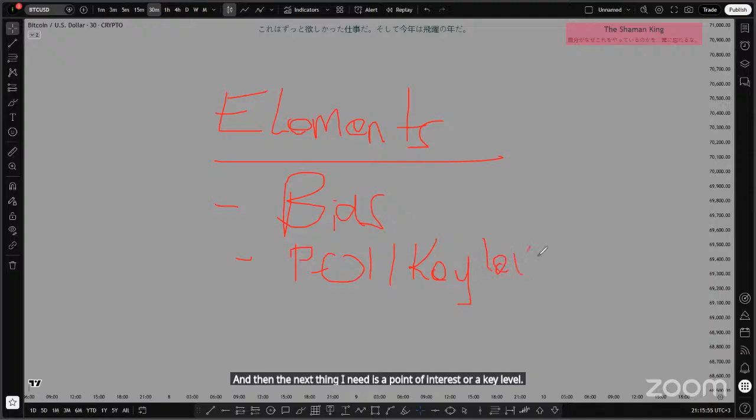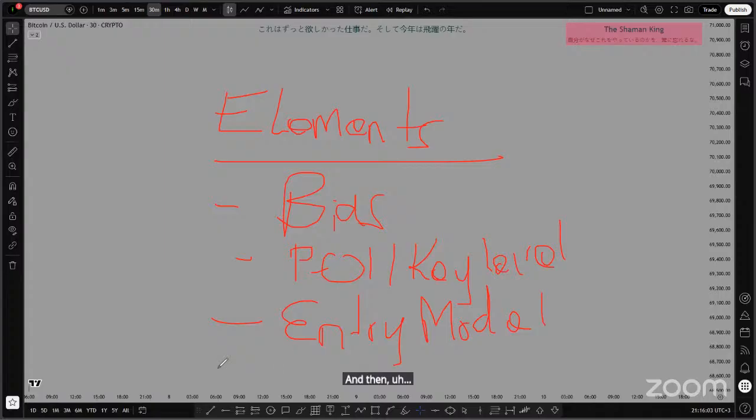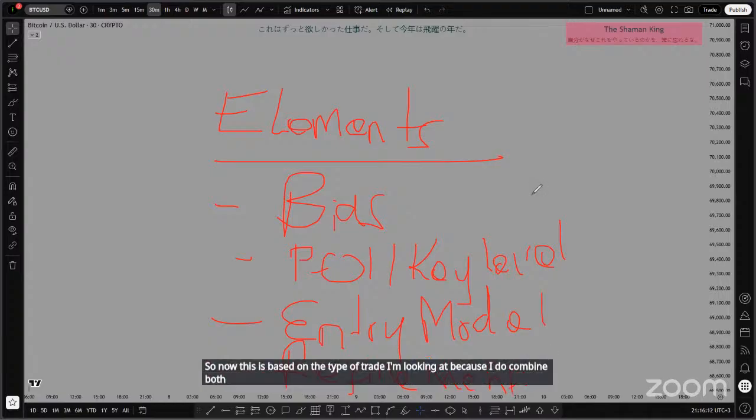And then the last thing is the entry model. Another one is refinement. This is based on the type of trade I'm looking at, because I combine both swings, intradays, and midterm swings.